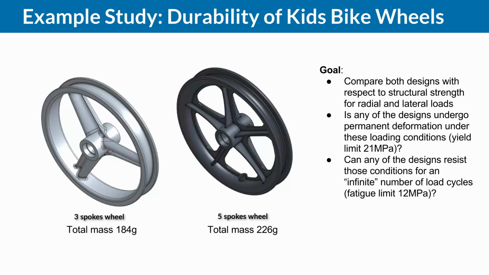Usually, if you talk about ductile materials like steels or also most types of plastics, there's something called the yield limit. If I stress the material beyond this limit, the deformation that I get will not be 100% reversible. So I end up with a portion of permanent deformation. In this case, the yield limit could be around 21 megapascal.